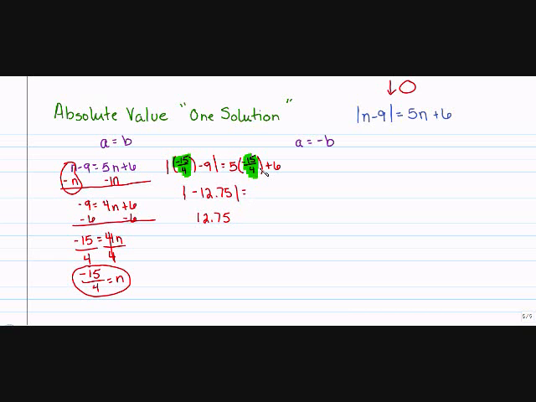Okay, so I'm going to say 5 times. When using graphing calculators, always put your fractions inside parentheses. So I plugged in 5 times, open parentheses, negative, don't use a minus sign, 15 divided by 4, close parentheses, plus 6.